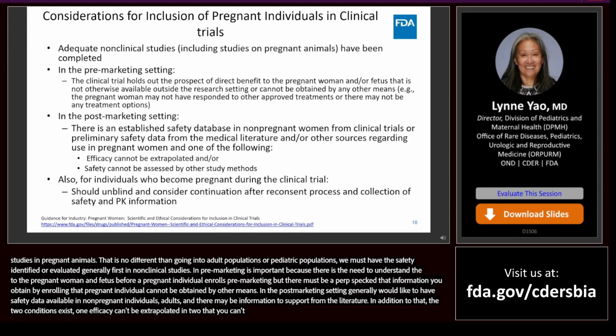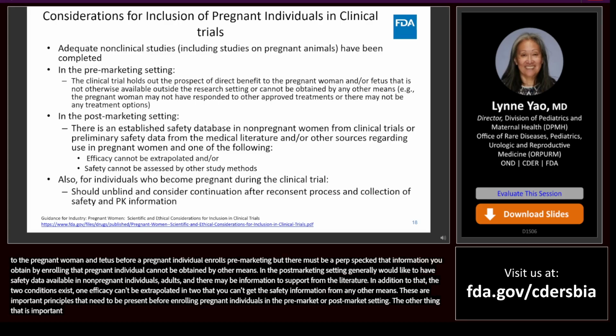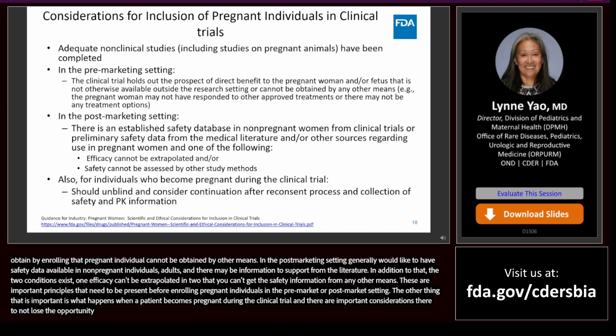And these are important principles that need to be present before enrolling pregnant individuals, either in the pre-market or post-market setting. The other thing that's important that's discussed in the guidance is what happens when a patient becomes pregnant during the clinical trial. And there are important considerations there, and to not lose the opportunity to collect some information because that patient became pregnant during the trial.